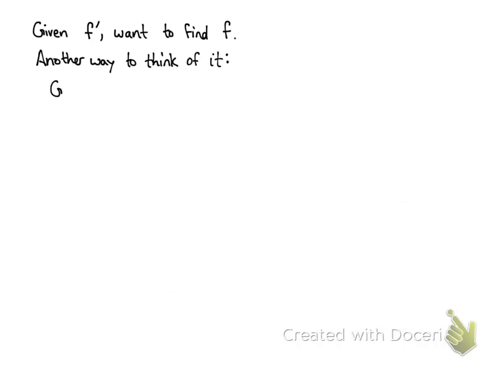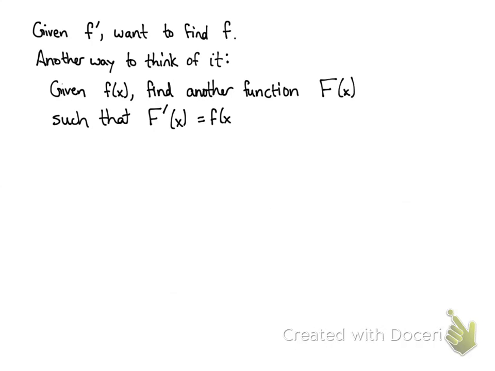So this process of going backwards, given f prime, we want to find f, that's equivalent to, given a function f, we want to go back and find a function, capital F, whose derivative would be the original one we got. So you give me a function, little f.